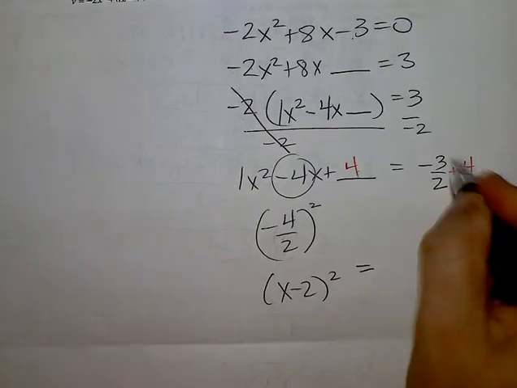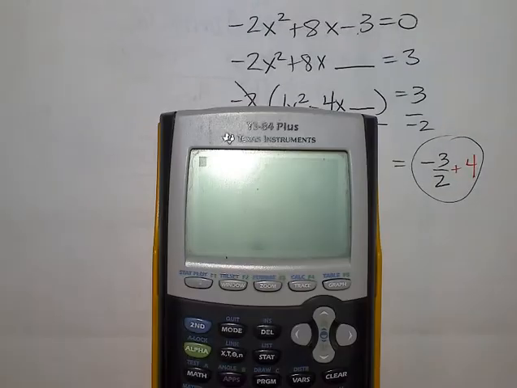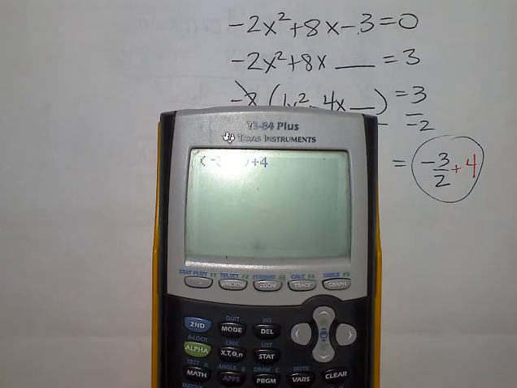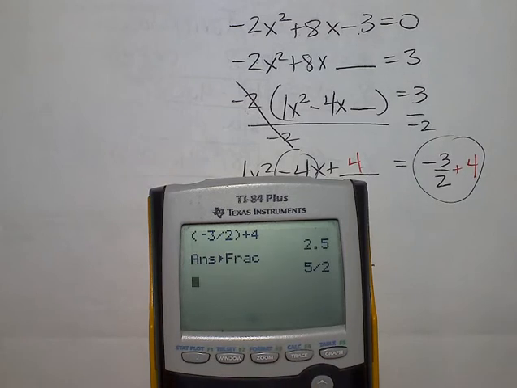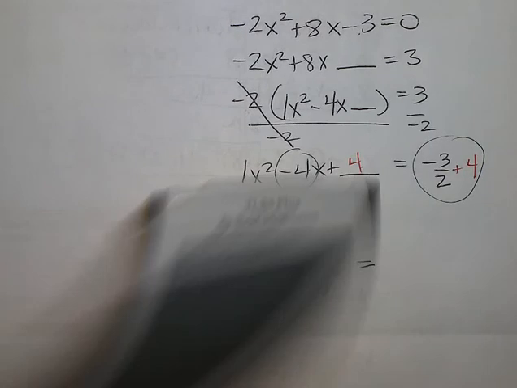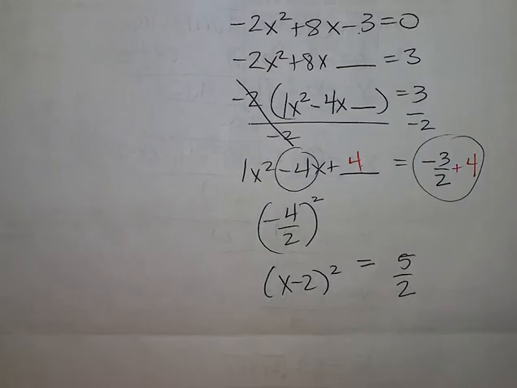Grab a calculator. We're going to combine those on a calculator to ensure we don't make any simple mistakes. Hit math fraction, enter, enter, and you end up with 5 halves. Okay, now to get rid of the square.